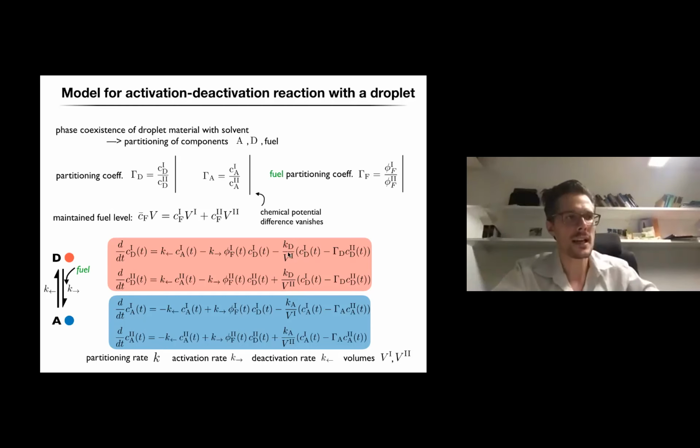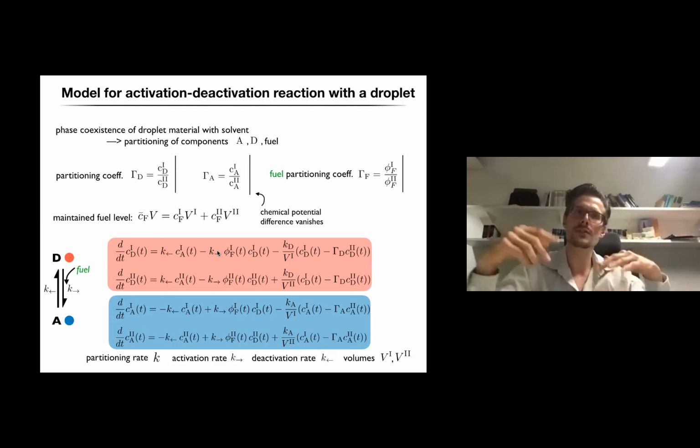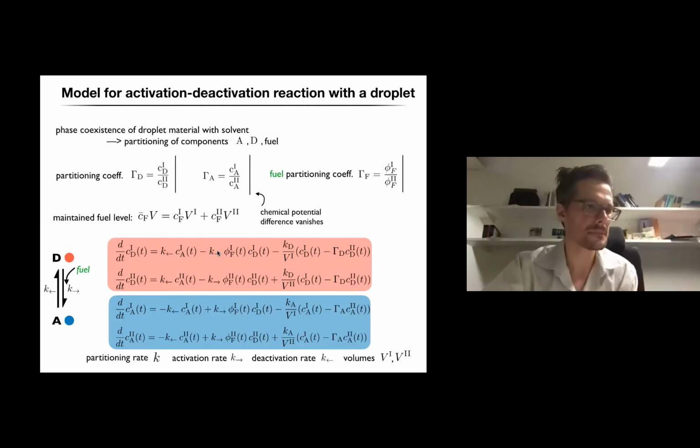And this comes, of course, with a time scale. Once you do the derivation, you can get this time scale explicitly in terms of the more microscopic theory, and it scales with the diffusion constant, droplet size, and these kinds of aspects. But this can then be compared, for example, to the forward and the backward rate. So there's a nice competition of time scales: how fast you equilibrate the partitioning versus how fast your chemical reaction changes the levels.